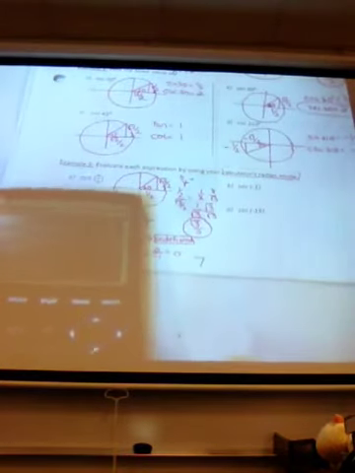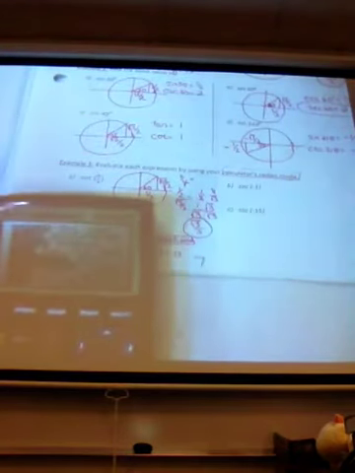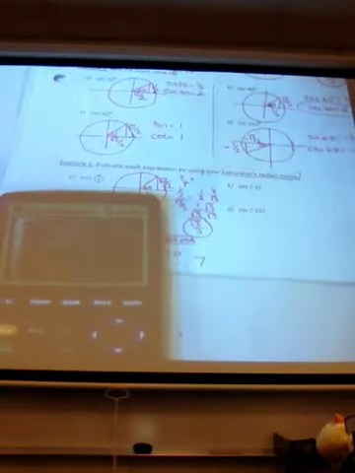So if I go to my mode and I go down here right now, it's interesting because your graphing calculator, which you'll be using later on in other math classes, defaults to the radians. It doesn't default to the degrees. So if you ever are taking the sine of 230 degrees, you have to change your mode to degree on your graphing calculator. Otherwise, you're finding it of 235 radians.